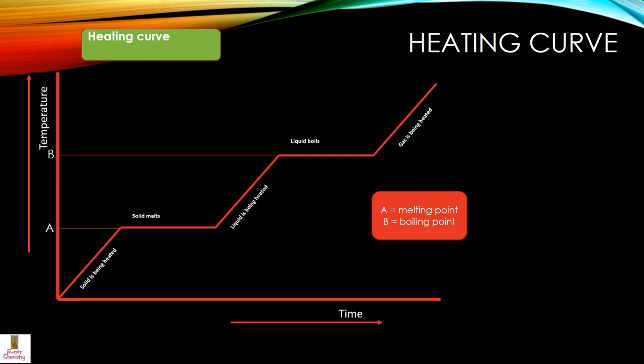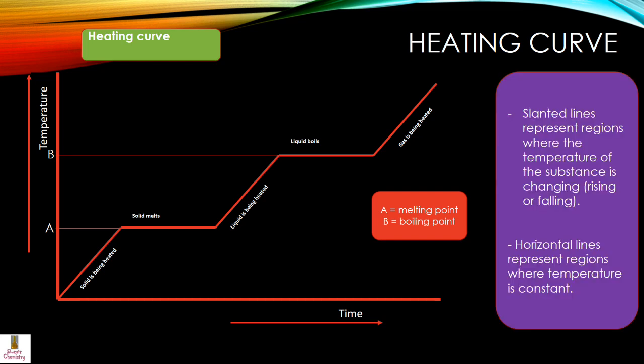Now, let's take a look at the heating curve. The slanted lines are showing us that the temperature of the particles is increasing constantly, while the horizontal lines are showing us regions where the temperature of the particles does not change.